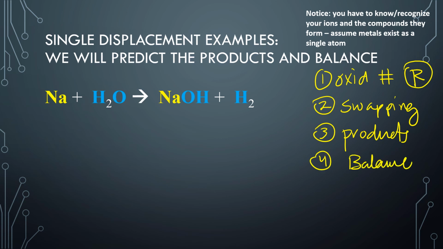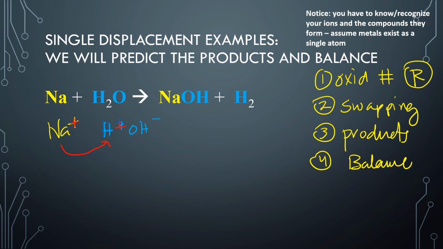This is already done for us, but I will just try to show you by ions what is happening. So step 1, determine your ions. Na plus, and then H2O, whenever you see that, it breaks up into H plus and OH minus. Your sodium will come along because they're both positive. It will kick off the other positive ion, if you will, and take its place.